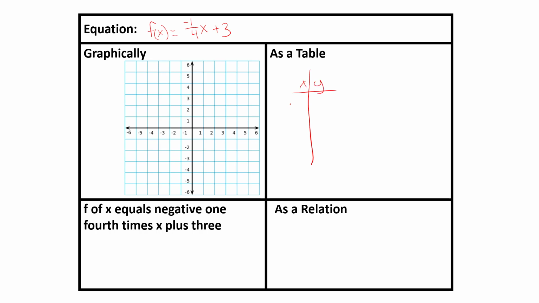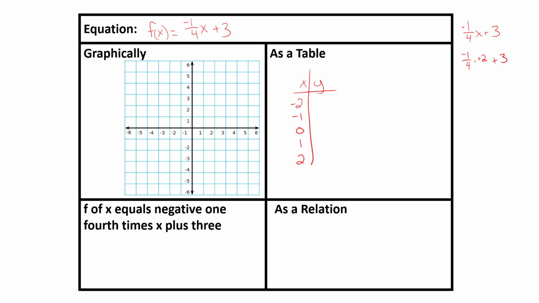x, y, -2, -1, 0, 1, and 2. Hopefully you're getting in the pattern of putting those numbers down. But, Mr. Gable, that looks bad. -1/4 x plus 3. -1/4 times -2 plus 3.